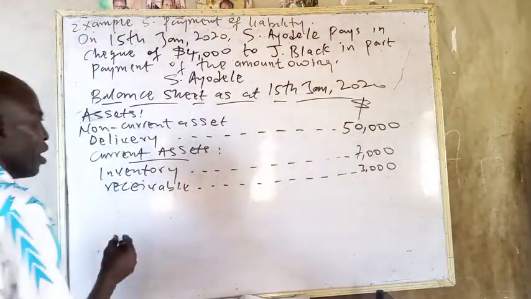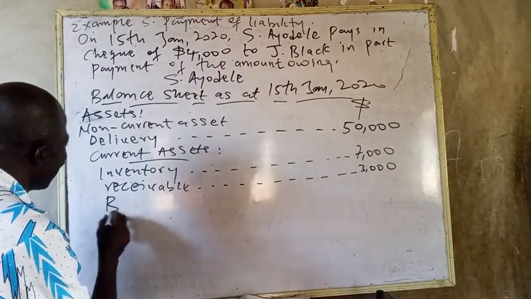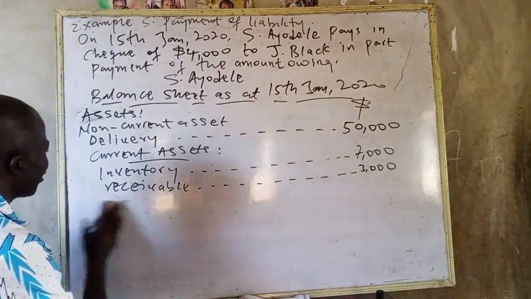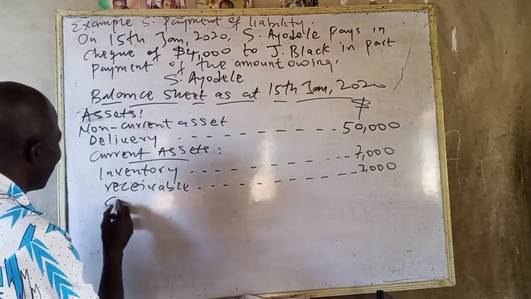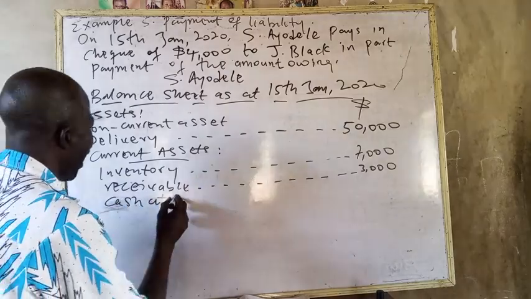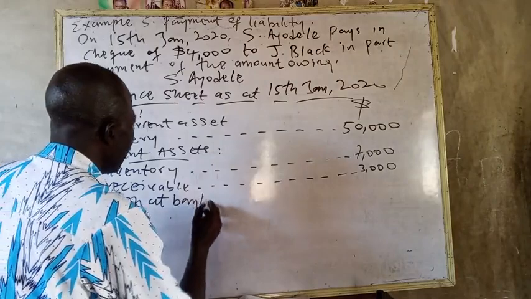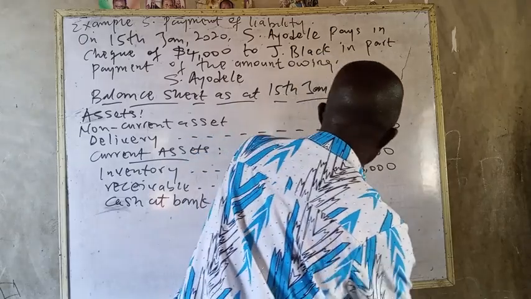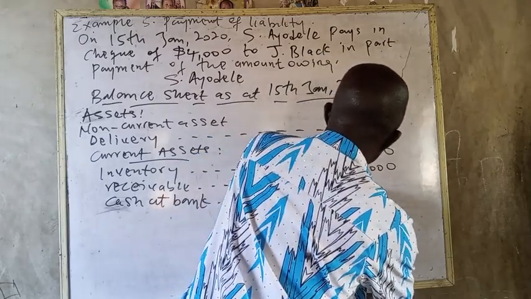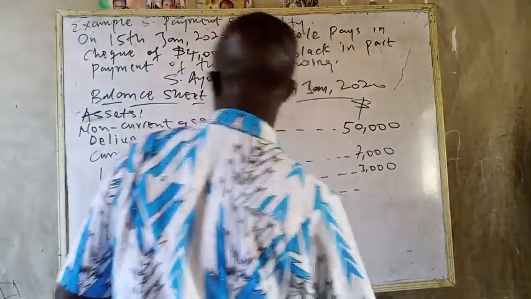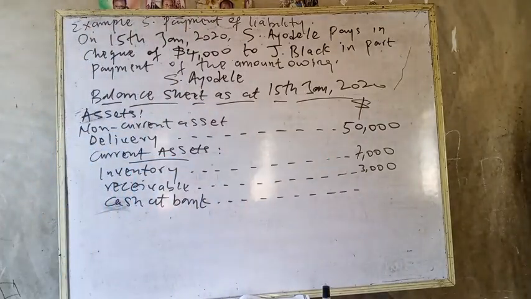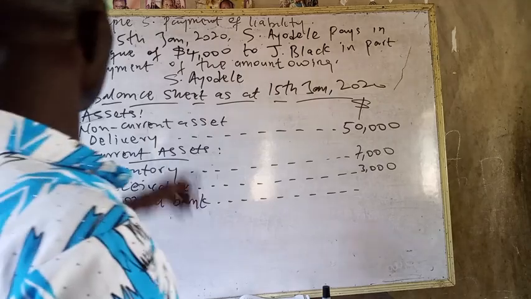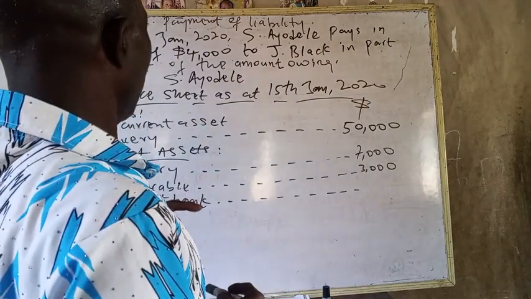You also have cash at bank, still under current assets. And this is $50,000, because you have not made payments. Have we made payments? Payment of liability. So how much do we pay?